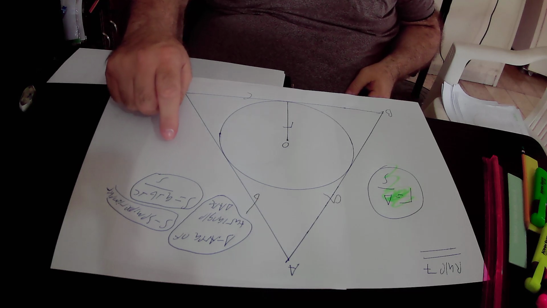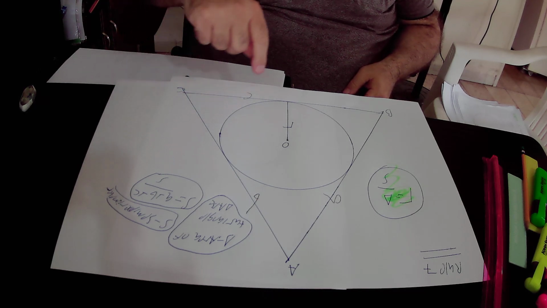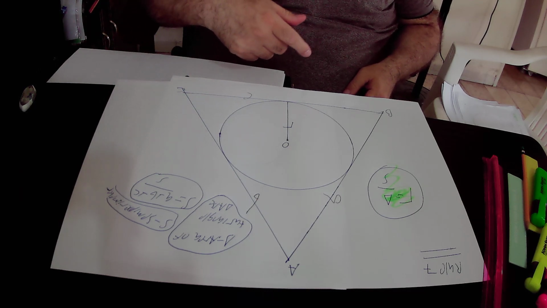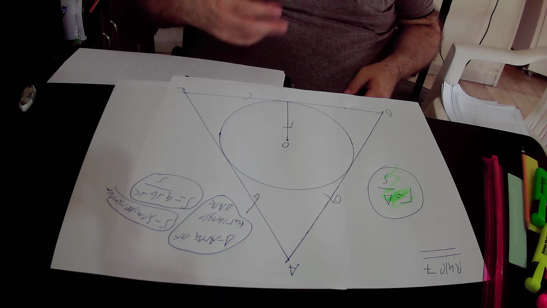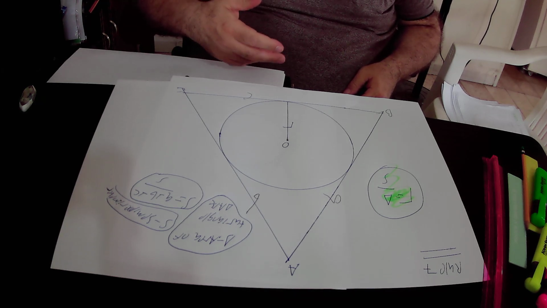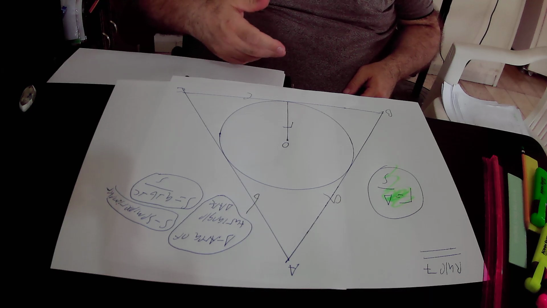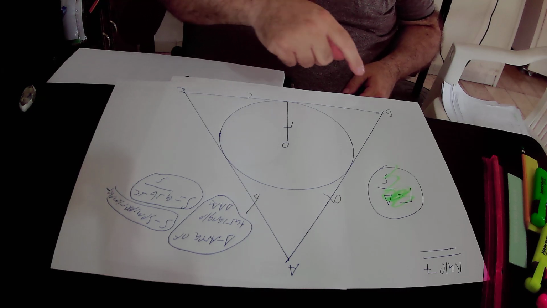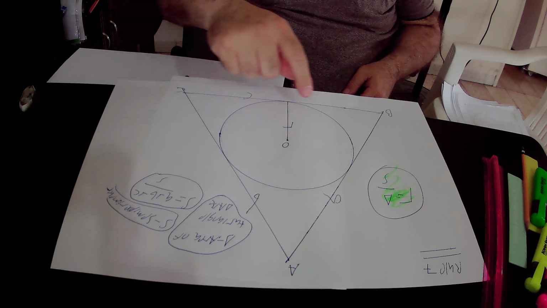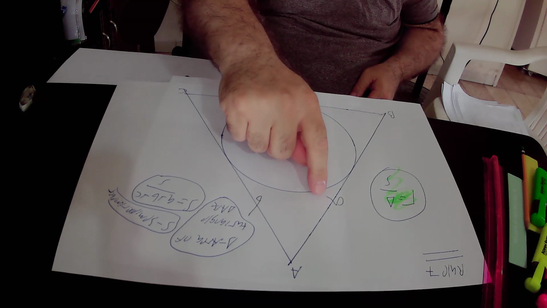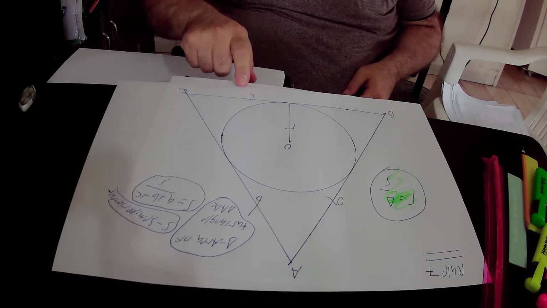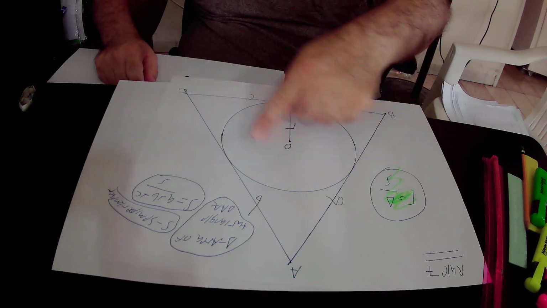The perimeter of triangle ABC equals the sum of its side lengths. Here side AB equals A units in length, side BC equals C units, and side AC equals B units.